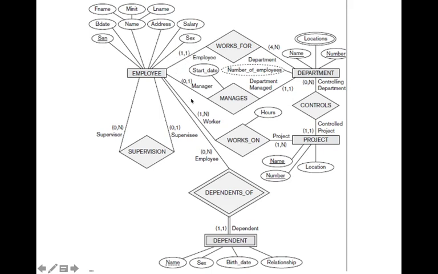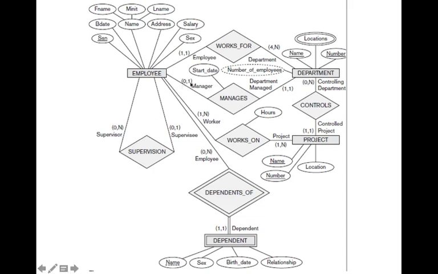So this is the alternative min-max notation. If we see this manages, we have specified 0,1 here. Instead of specifying the double line and all, we are specifying 0,1 here. This means an employee can manage a minimum of 0 departments. That is, not every employee can manage a department, so 0 is specified.